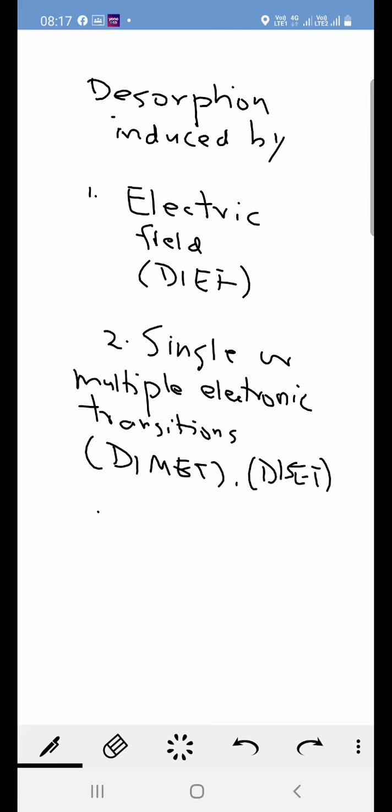Now, single electron transitions have a weak dependence on the desorption rate.